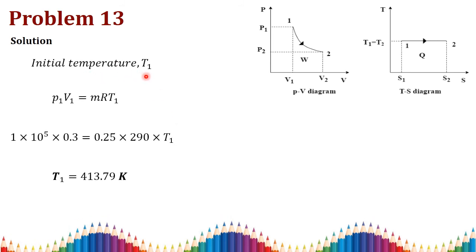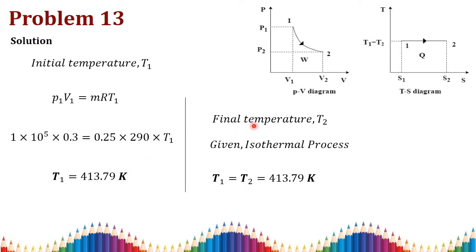For that I am taking the ideal gas equation, P1 V1 is equal to mR T1. The initial pressure P1 is 1 into 10 to the power of 5 Newton per meter square as given in the question. Initial volume is 0.3, mass is 0.25 kg, and R is 290 joule. Substituting all the values in SI units, I get the temperature T1 equal to 413.79 Kelvin.